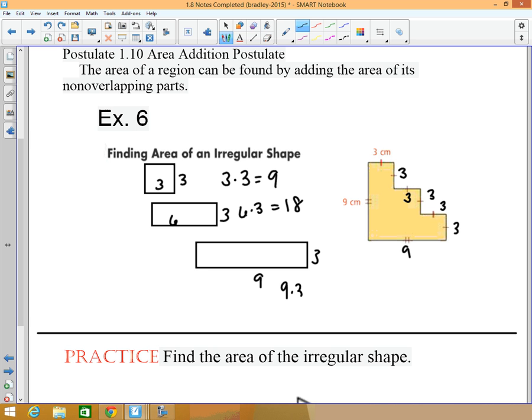So the area will equal 9 plus 18 plus 27, which is 54 centimeters squared, because it is area.